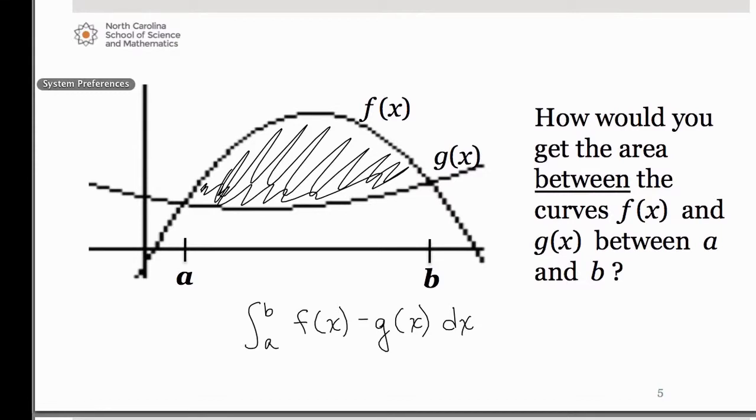With Riemann sums, you learned how you could insert into an area rectangles, the sum of whose areas would approximate the area under the curve. Well, imagine doing that for this. Imagine using rectangles.